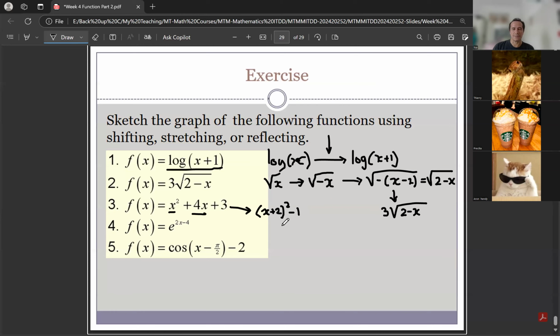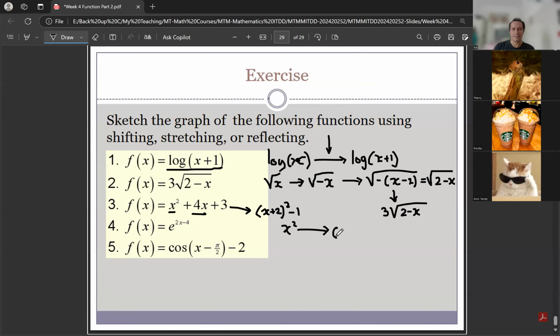So the original function is x squared, and then shift it to the left by 2 units.